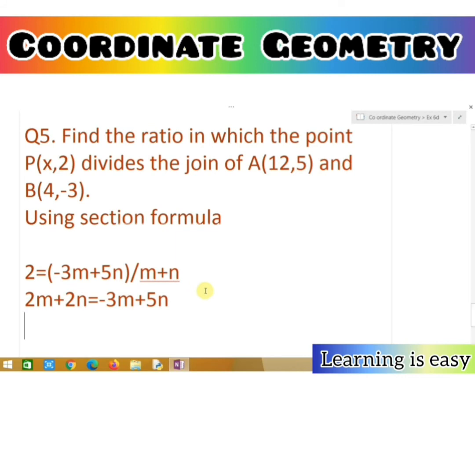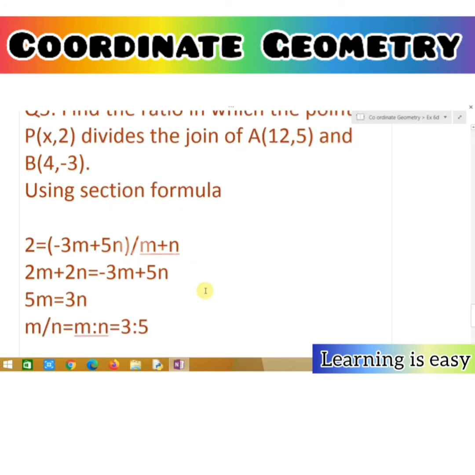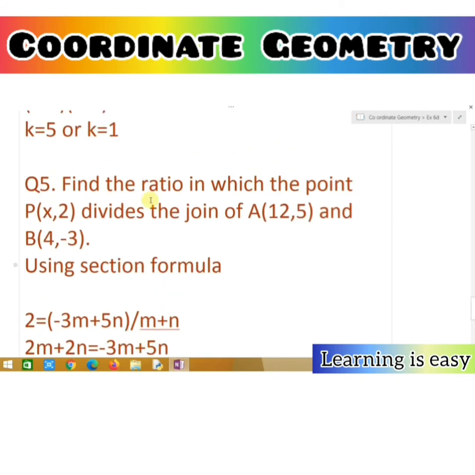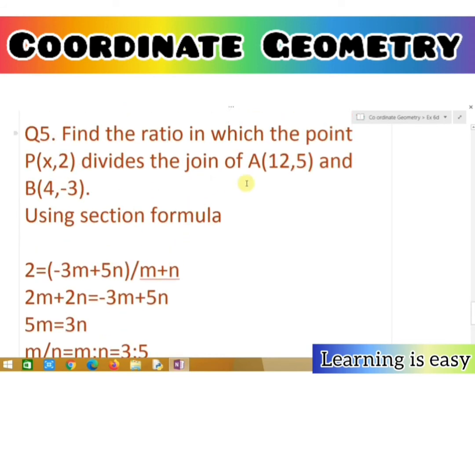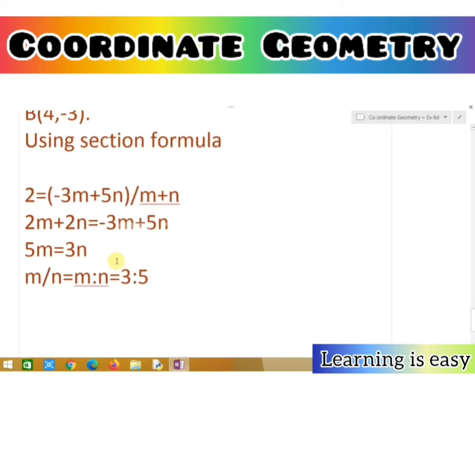So that's going to be 2m plus 2n equal to minus 3m plus 5n. So the m by n relationship is 3 by 5. So that's the ratio by which the point P divides the line AB.